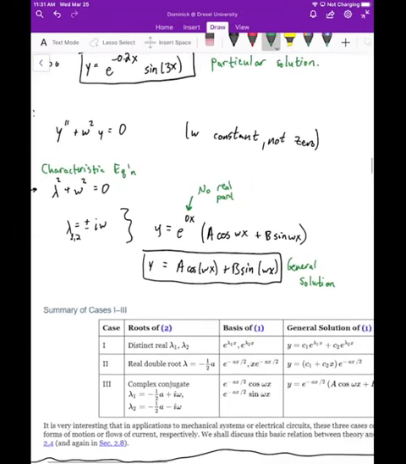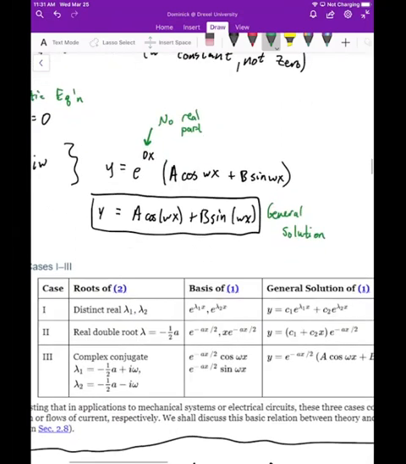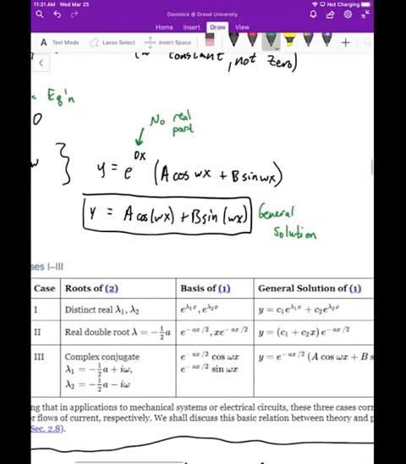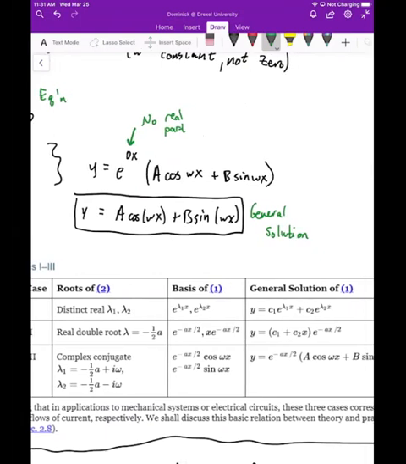Okay, now to summarize everything, in the two real cases, you essentially just take your two eigenvalues as your exponents of e, and you multiply them by x, and you call it a day.